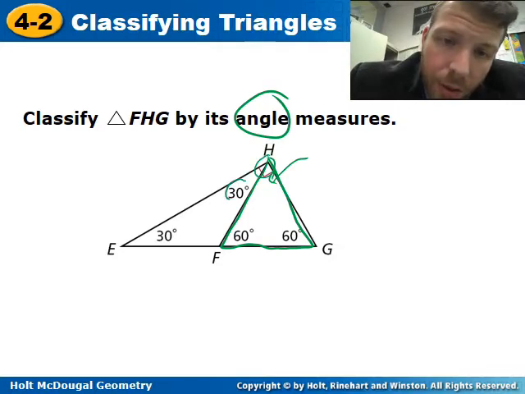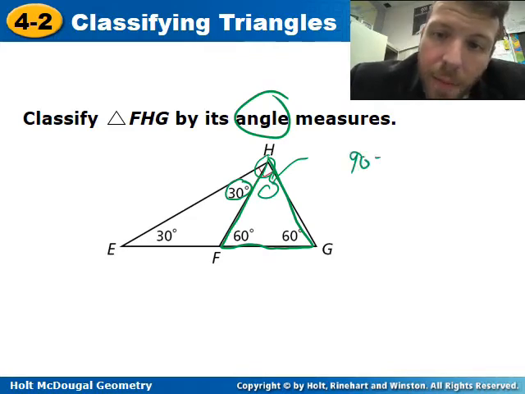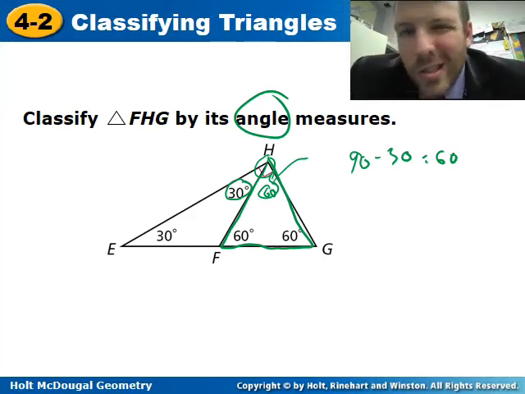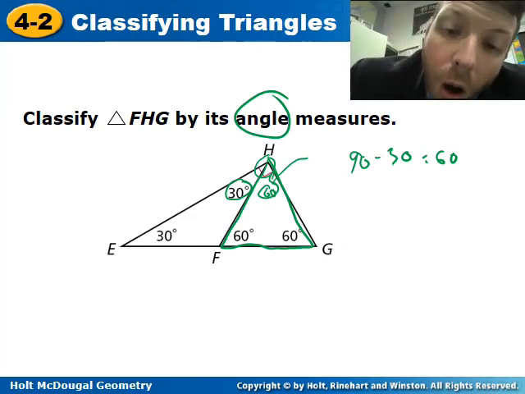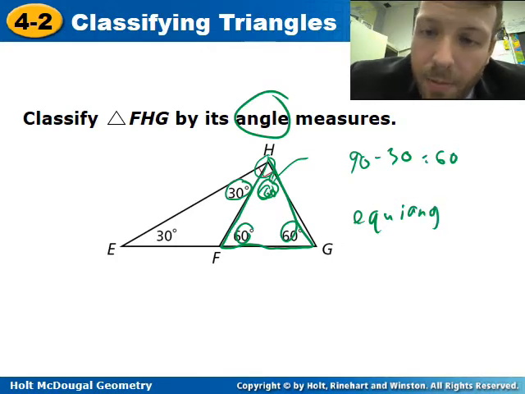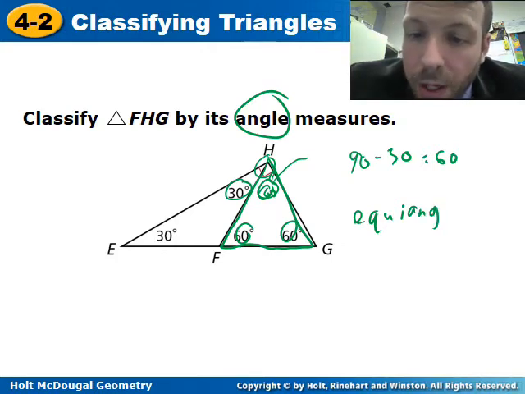That means that 30 degrees plus this angle, whatever it is, better equal 90, right? So 90 minus 30 gives you the angle that's inside of here, which is 60. Now, you may ask, Mr. Bostetler, why aren't these just acute? Well, because they're all equal, I'm going to call it equiangular because it's more specific, okay? So it has a better name. So we're going to call it equiangular.